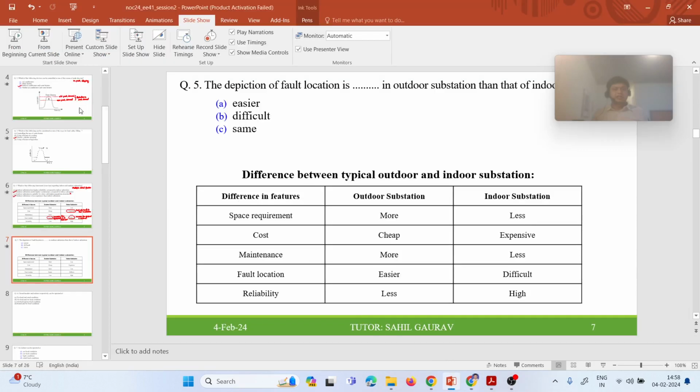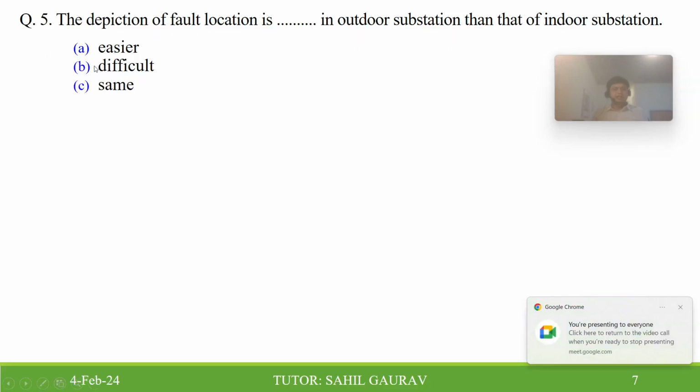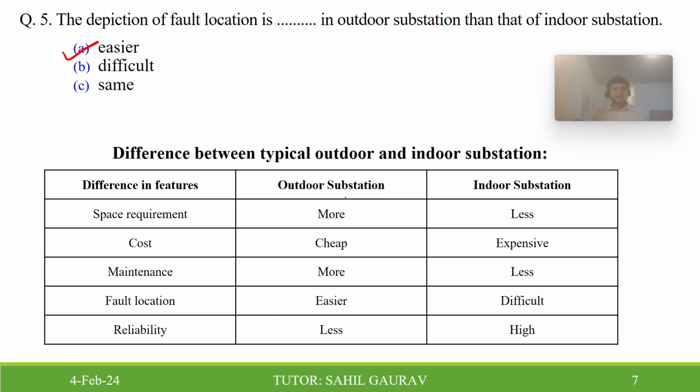The options are easier, difficult, same. Option A. Okay, good. It is easier in the case of outdoor substation, because the equipment is in full view, so we can easily detect the fault location.